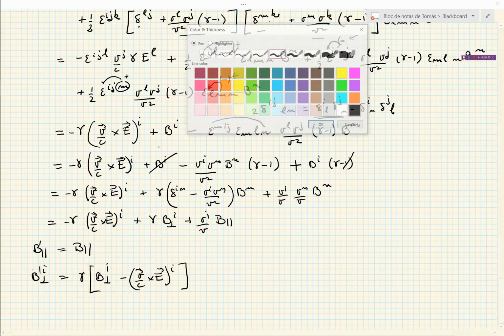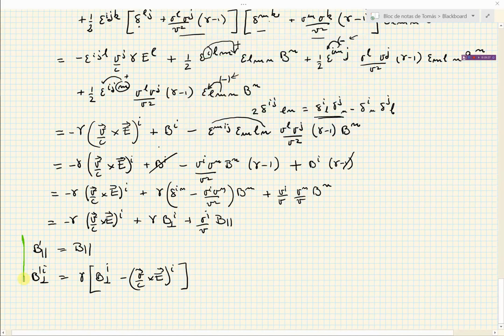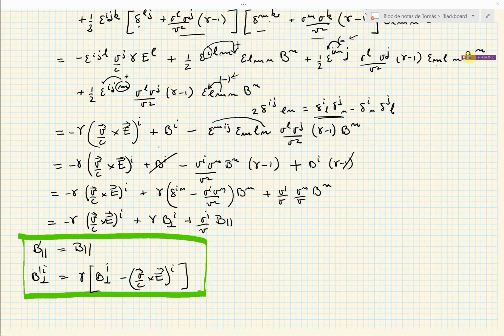Okay, and again this deserves to be framed. And this is our final result for the transformation of the magnetic field under boosts.